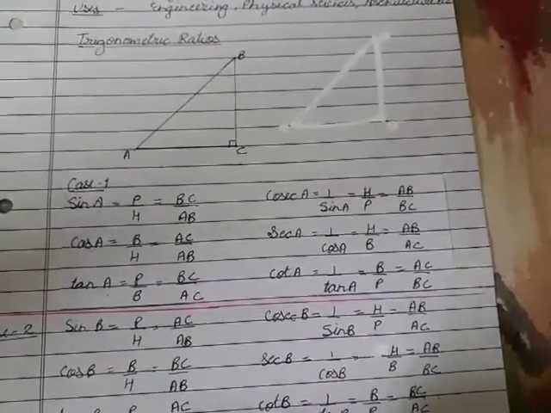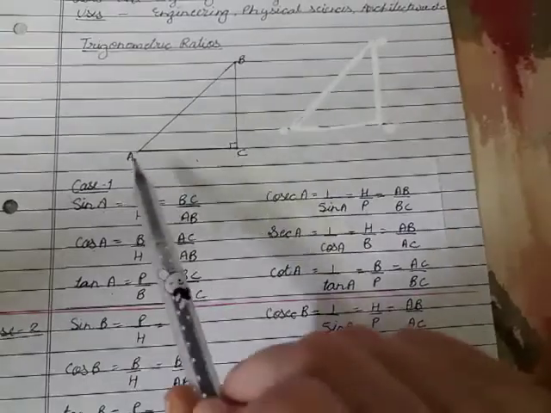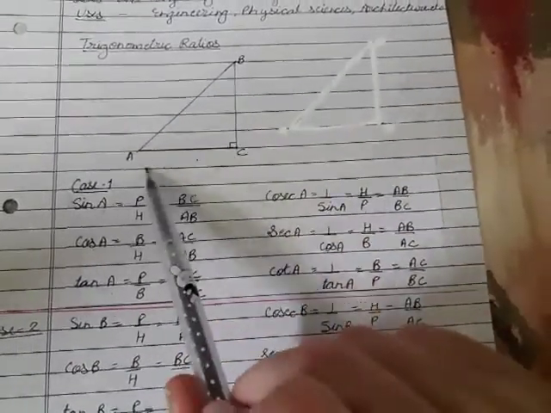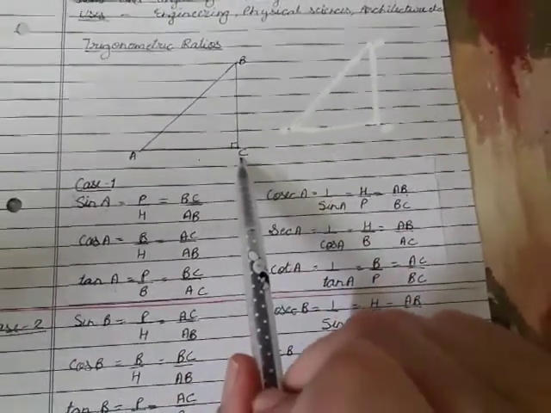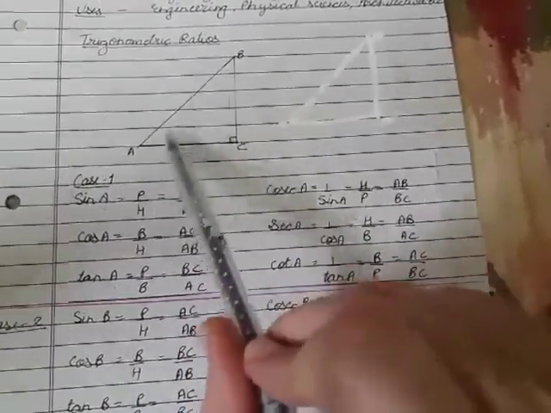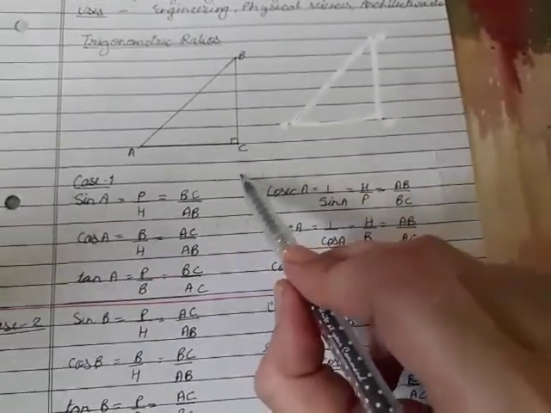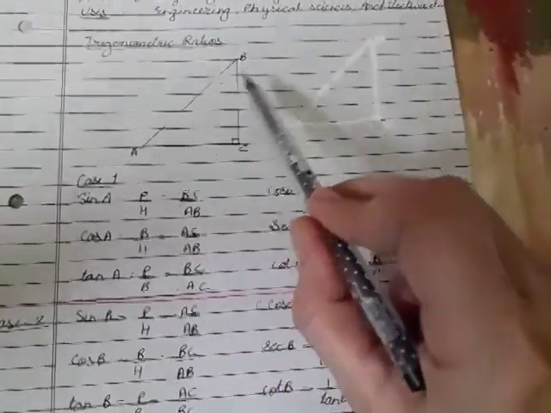We solve these based on a right triangle, which is right angled at C, and A and B are the acute angles. Obviously, if angle C is 90 degrees, angles A and B will be acute angles.